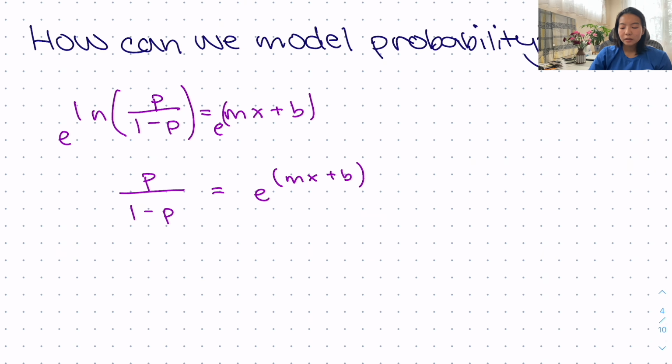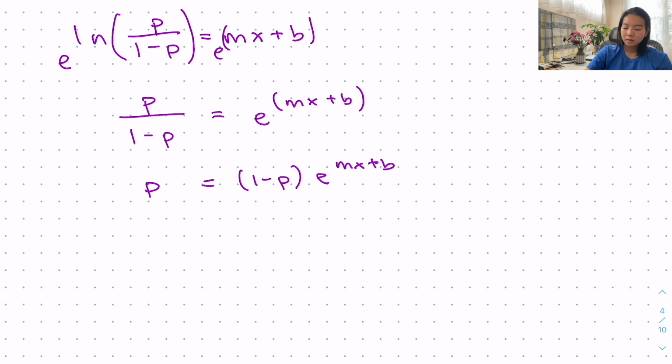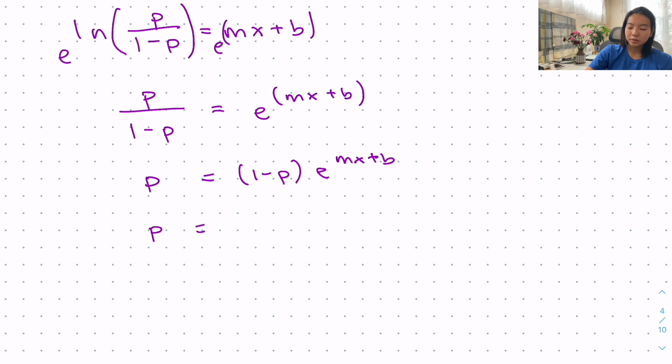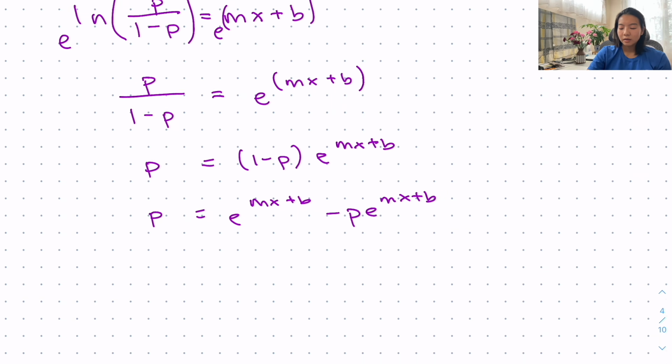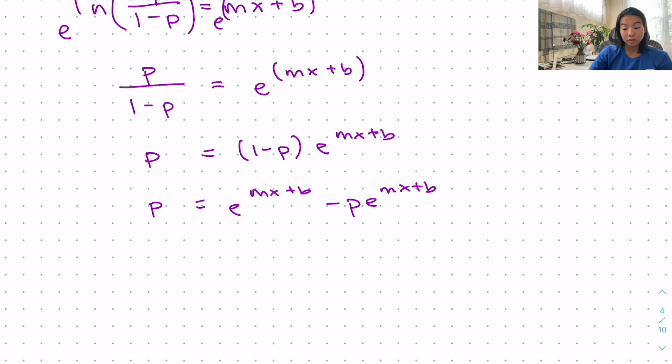Okay, so let's multiply that out. The probability is equal to 1 minus probability, times e to the mx plus b. So p is equal to e to the mx plus b minus p times e to the mx plus b. Now we can move like terms to one side, so I'm adding p.